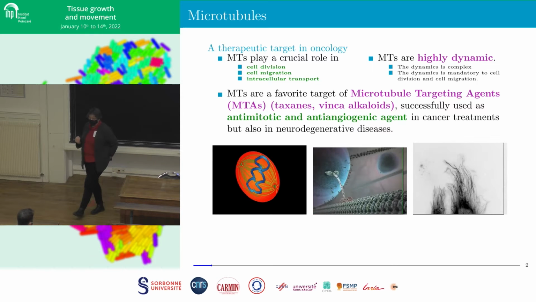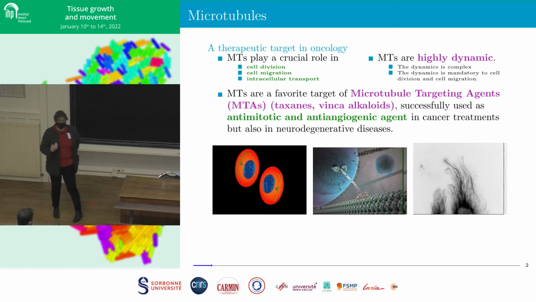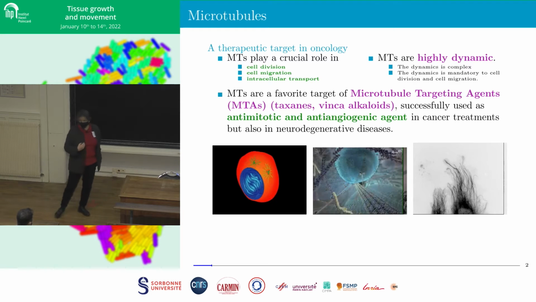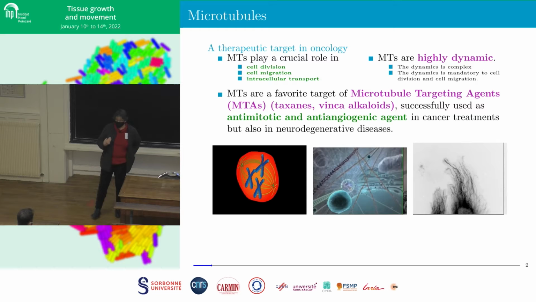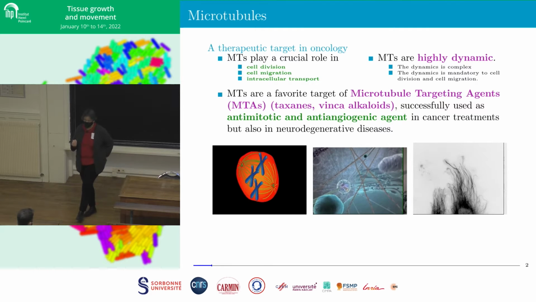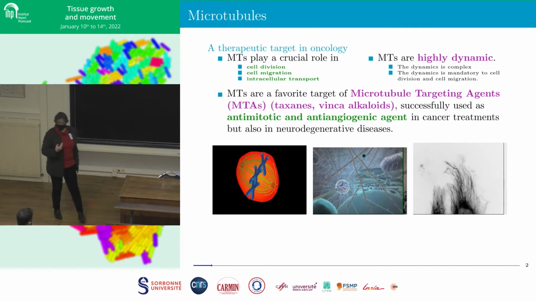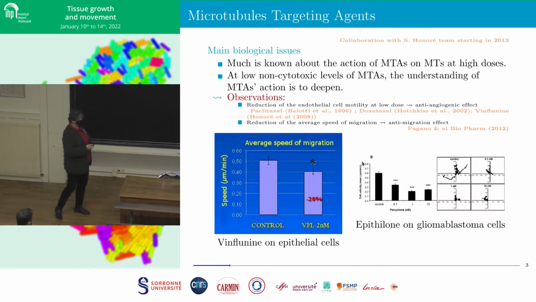But in fact, what is interesting for us, and especially for Stefan, was to understand the action of this drug at low dose, because they observed that this drug had an anti-angiogenic effect.